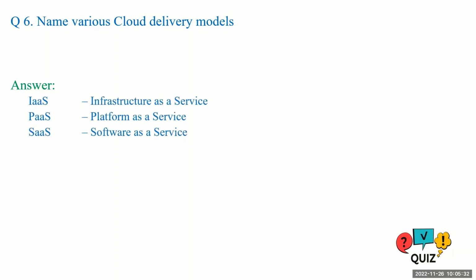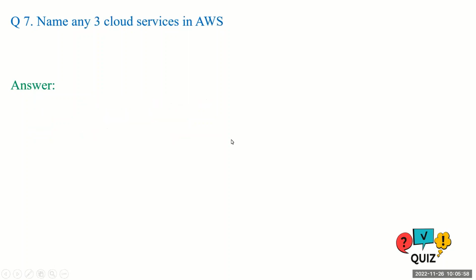That's correct. Very good. Good attempt. It's IaaS, infrastructure as a service, PaaS, platform as a service, and SaaS, software as a service. These are the 3 base delivery models. There are many other delivery models, to name a few, database as a service, correct? All right, we'll move on to the next one.